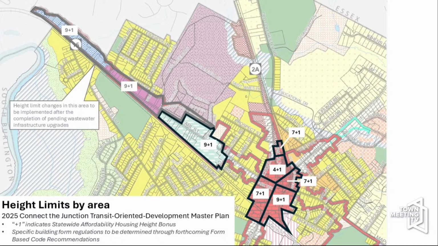But if we look at the plan that's on the screen right now, that shows the proposed height limits by sub-district. Looking at downtown, it's kind of broken up by quadrant. The more historic area where the Brownell block and the city offices and the library is, it'll continue to be limited to 4 stories plus 1 for the affordable housing bonus.